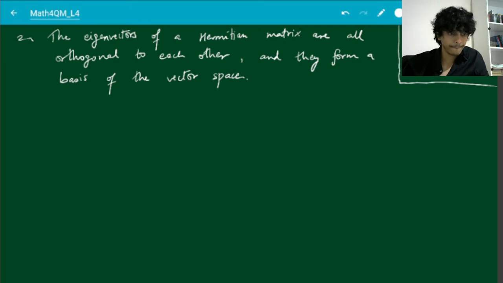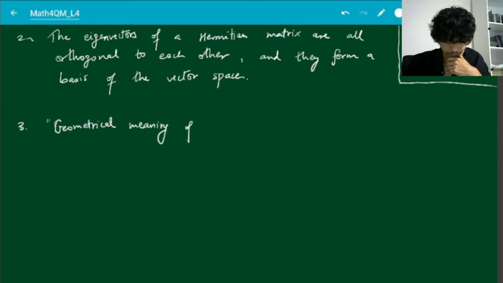The third one, and this is kind of important, and this is in some sense the physical meaning, or rather the geometrical meaning of eigenvalues and eigenvectors.